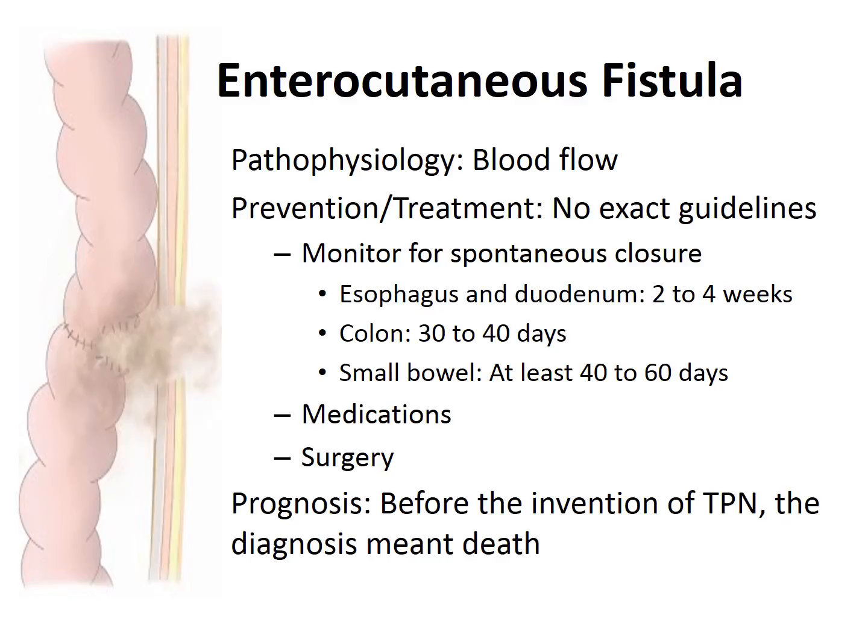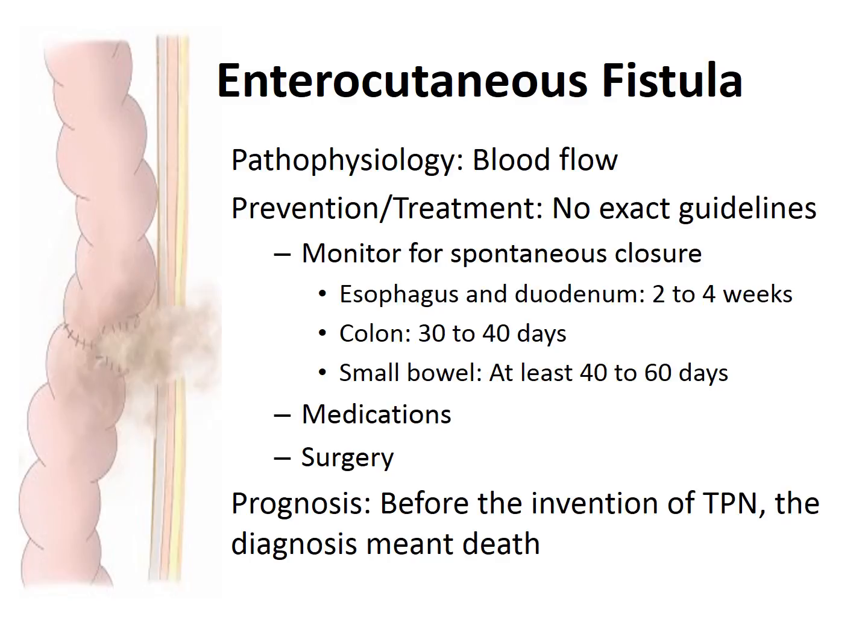Therefore, we look at the treatment. Like the prevention, this is complicated. There are no exact guidelines. This goes back to the classifications. Fistulas can vary greatly with the locations, the output, and the causes. However, it's common for physicians to first try to monitor and hope for spontaneous closure.